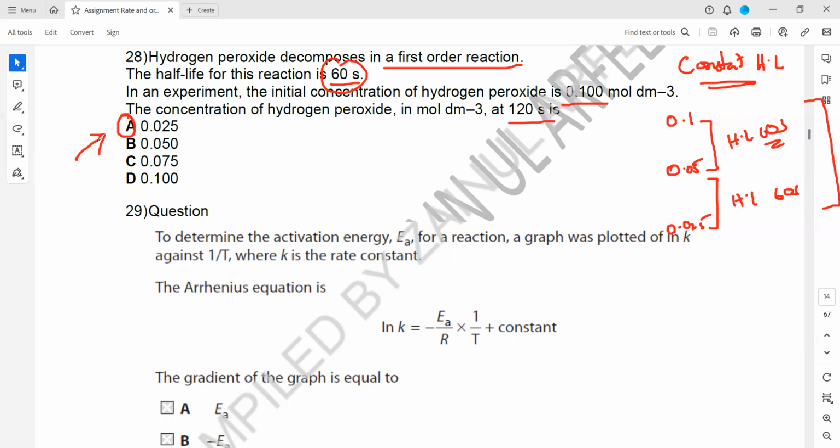So for a first order reaction, the half-life is constant. And if we have a concentration-time graph, we simply do, for example, 100 is there, half of 100 is 50.